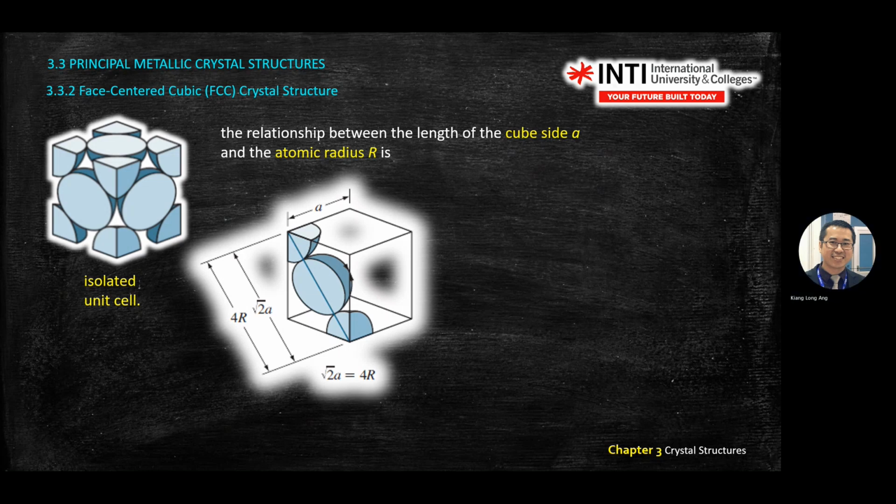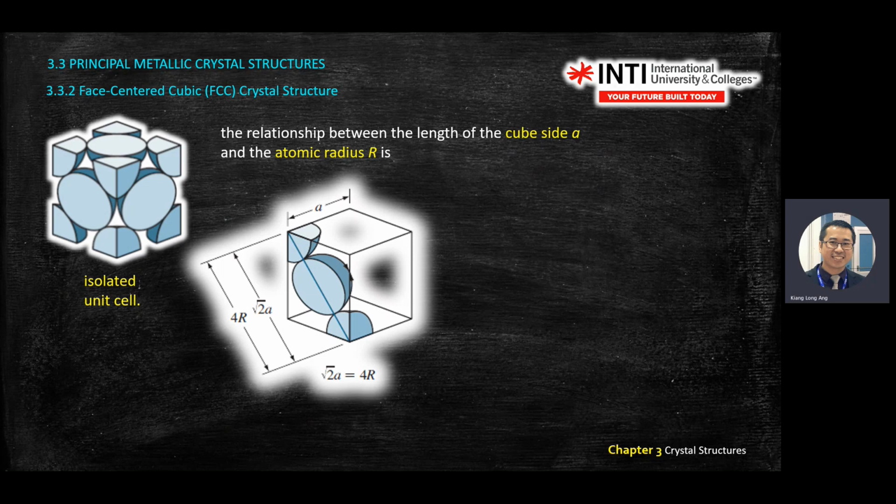This face, here to here is R. Here to here is 2R. This is 1R. Here to here, you have 4R, correct? R, 2R, R. So total 4R. How to get this one? Trigonometry.